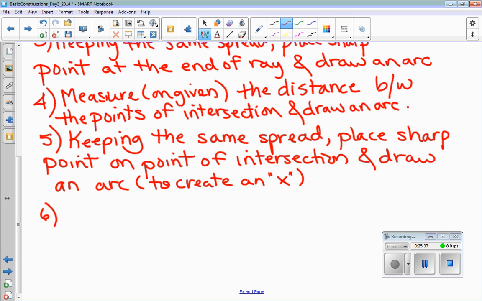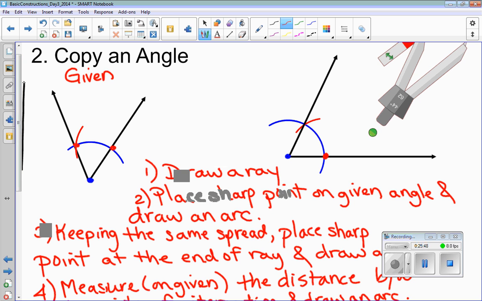So we're going to keep the same spread as before. We're going to move our compass to our new point of intersection and make a little arc. So at this point, I have everything except what I need to add is that line, don't I?